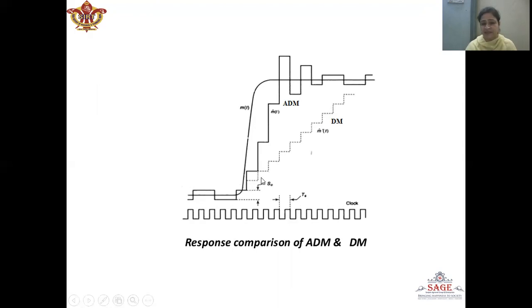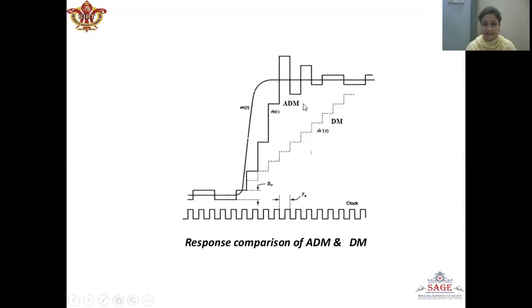There is a fixed step size. So the delta modulator will show an output which will go on increasing by a fixed step size. Since the step size used is fixed, the delta modulator output will not be able to cope up with the steep increase in the message signal.